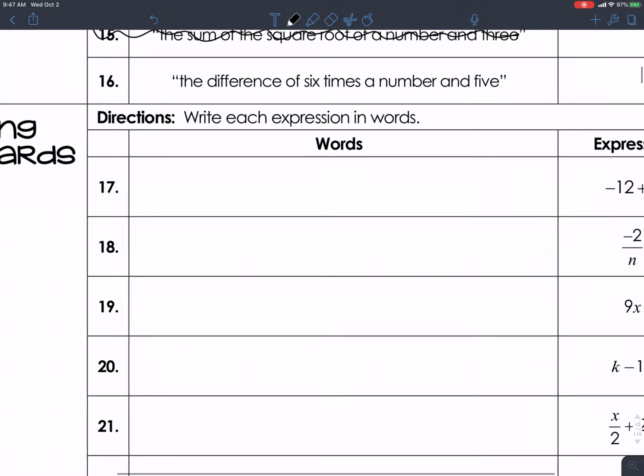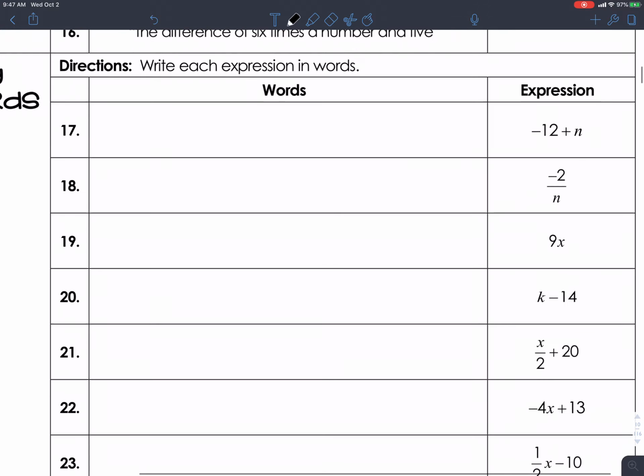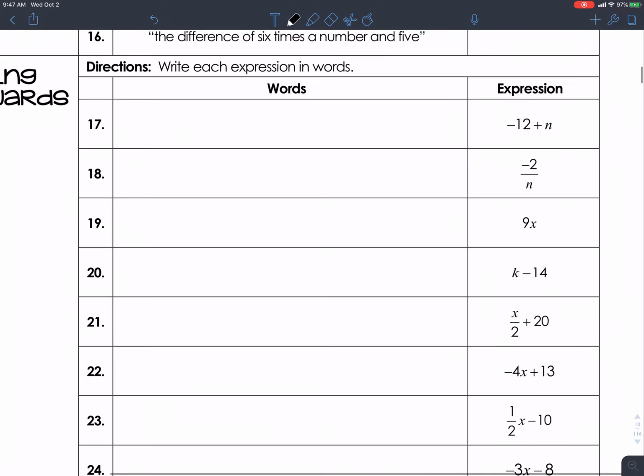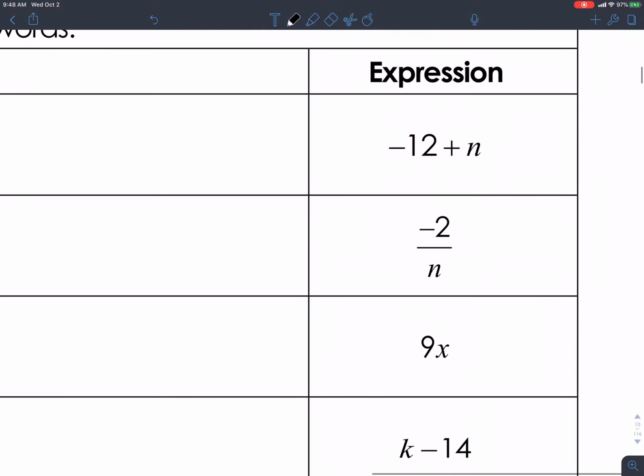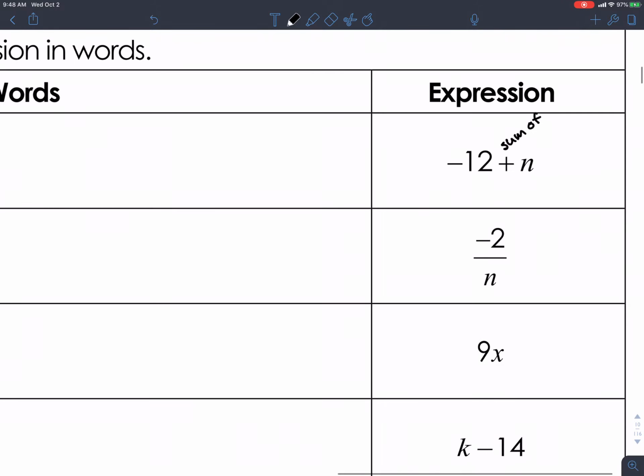This next part, I'll do 17 and 18. I want you to try to do the rest of them on your own. So let's look at what we have here. I've got a negative 12 plus n. Well, this would be sum. So let's make it really simple. Sum of, right? Let's just write it really easy.